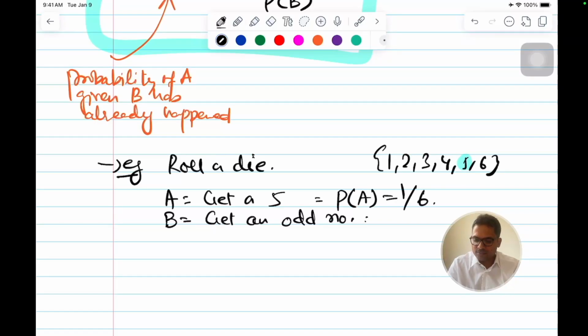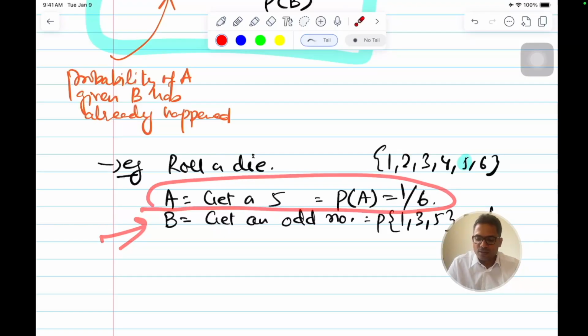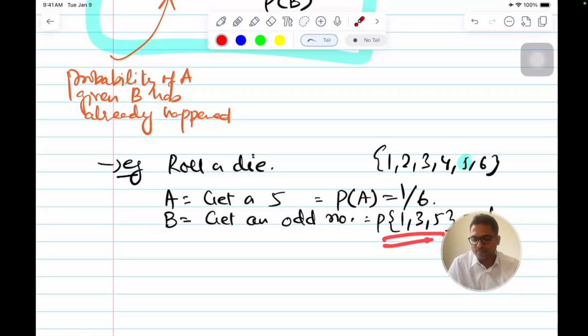So what would be the probability of getting either 1, 3 or 5? This will be half. So after revealing this new information, will the probability of getting A, or getting 5, change once I have revealed that you have got an odd number? Yes, it will change.